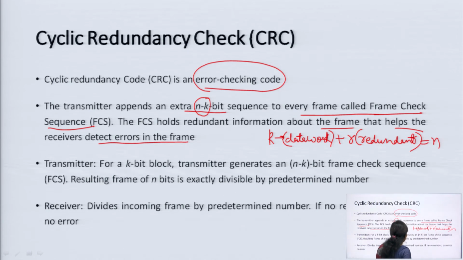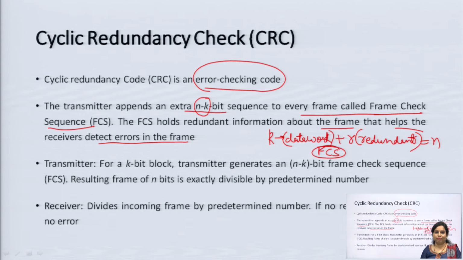What is n? n is the final code word that has been generated, and this number of bits will be added in a frame check sequence, that is FCS. So, at the receiver side, since this is an error checking code, this particular frame will be checked, or you can say only the redundant bits will be checked, to see whether any error has occurred or not.